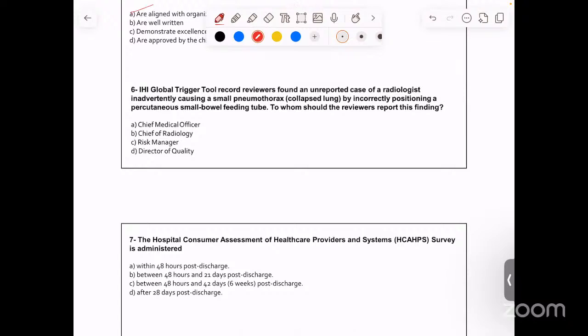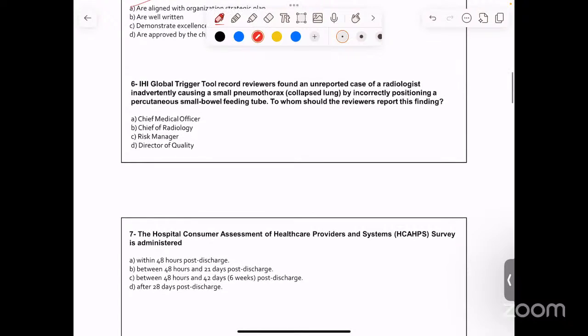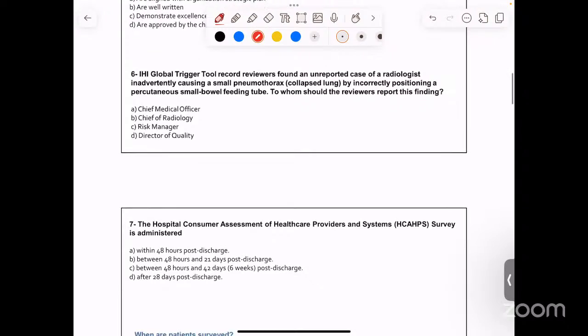A, Chief Medical Officer; B, Chief of Radiology; C, Risk Manager; D, Director of Quality. A radiologist here incorrectly places a tube causing pneumothorax. So who would review this incident report? This report should go to the department head responsible, who is the Chief of Radiology.